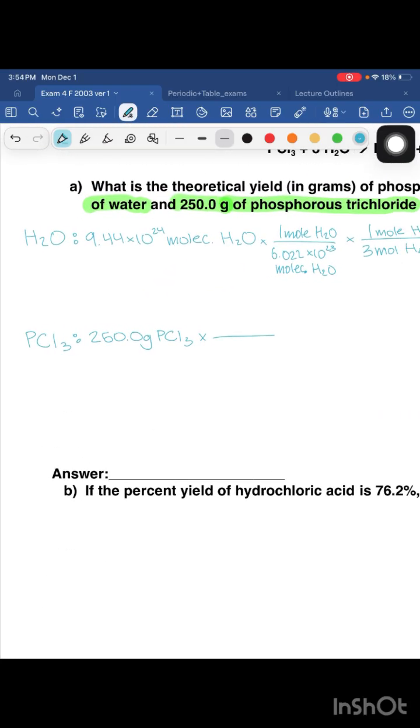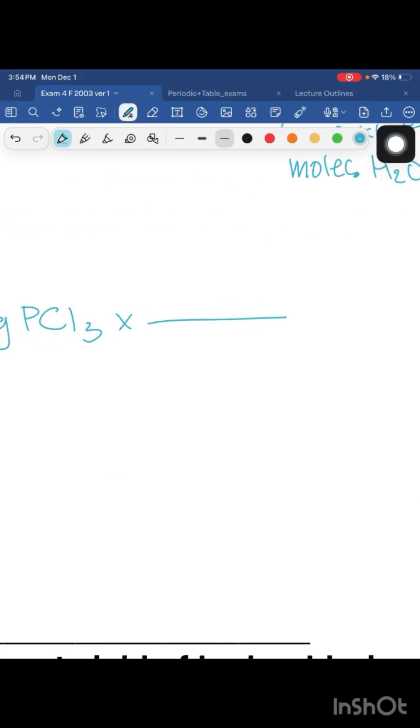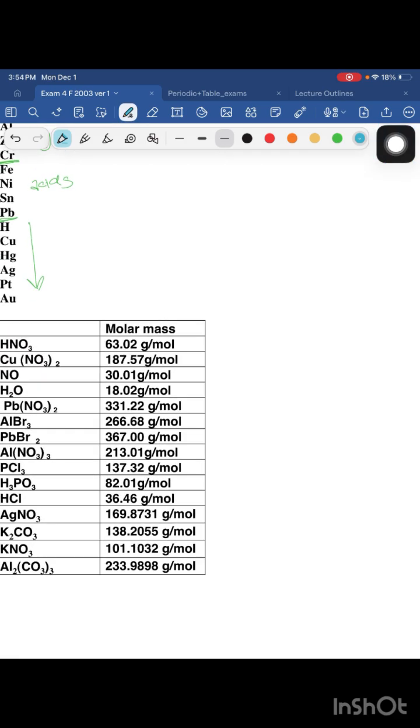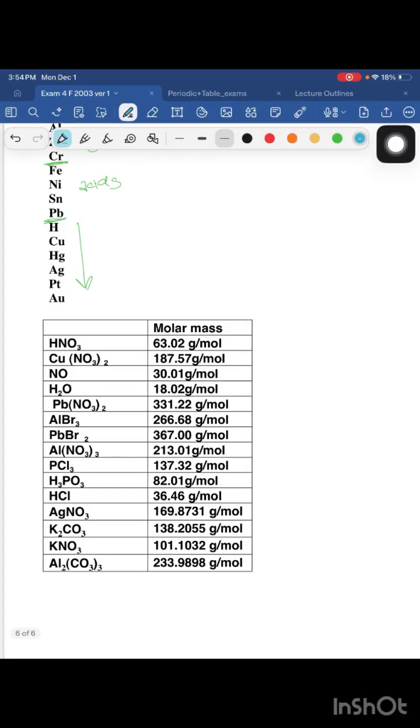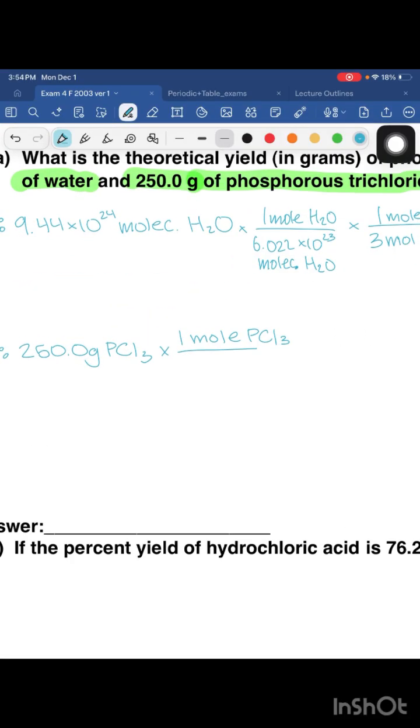For this one, we literally do the same thing, but instead of going from molecules to moles, we're going from grams to moles. So for every 1 mole, and that is 137.32.